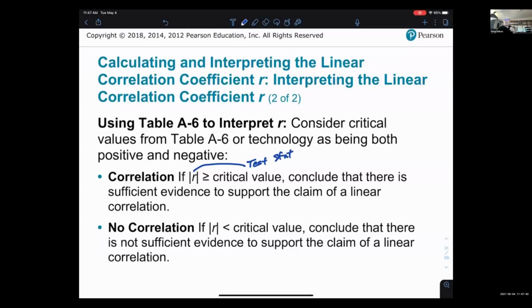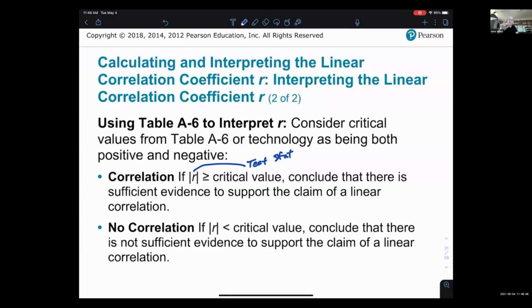The R value is like the T value or the Z value, right? It's the test statistic when you're testing for linear correlation. And so you can have a critical value for R, meaning how big a number you need in order to get into the critical region and conclude that there's a linear correlation.